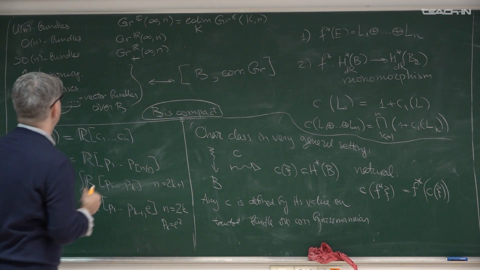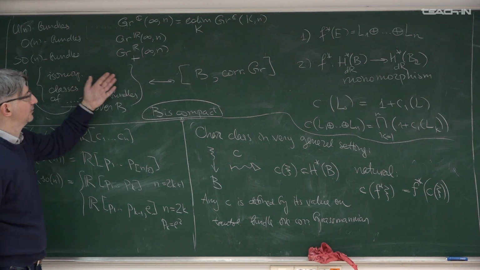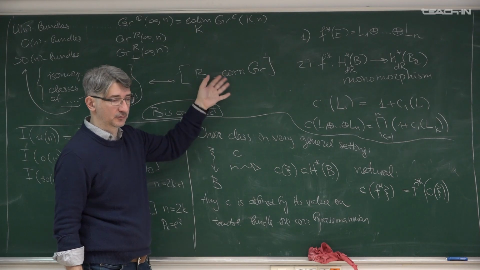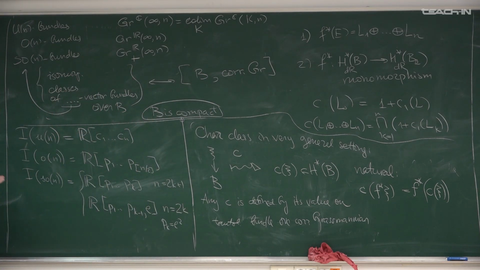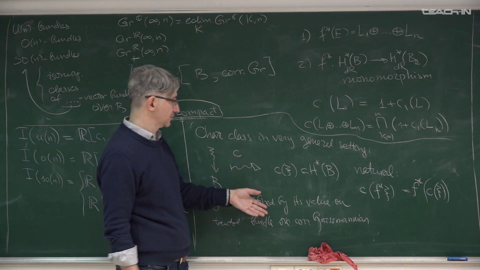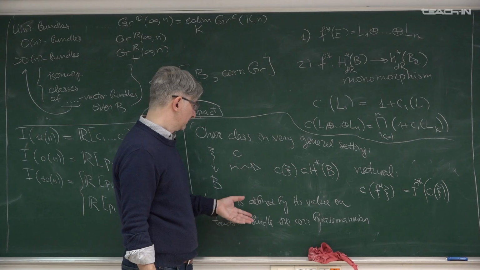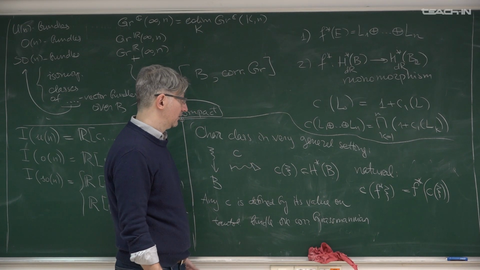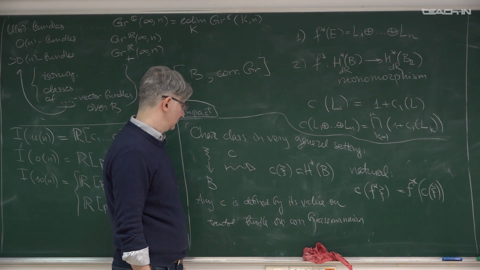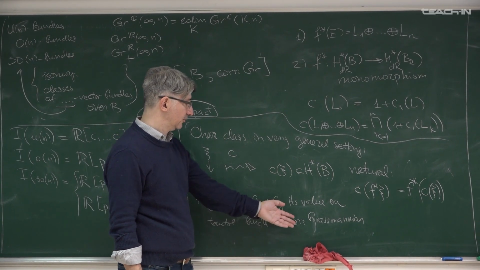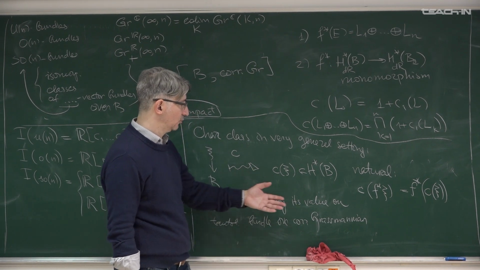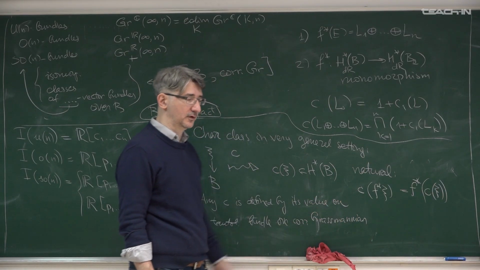Indeed, each vector bundle is a pullback of the tautological bundle over the Grassmannian with respect to some map. So if you know characteristic classes of the tautological bundle over the Grassmannian, then you can construct any characteristic class, no problem. The question: how to calculate the cohomology of the Grassmannian? Because each cohomology class in the Grassmannian provides you, by this formula, a characteristic class of any vector bundle.